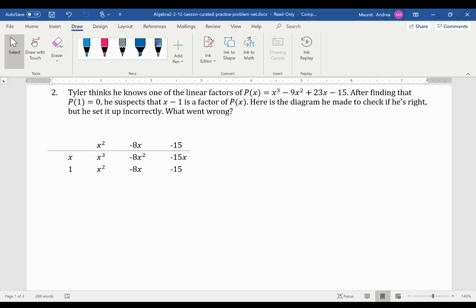Here's the diagram he made to check if he's right, but he set it up incorrectly. What went wrong? So if he knows this is true, then he should divide out this factor. And when he put it here, he's actually dividing by x plus 1 rather than x minus 1. So there should be a negative right there. And that's what he did wrong.